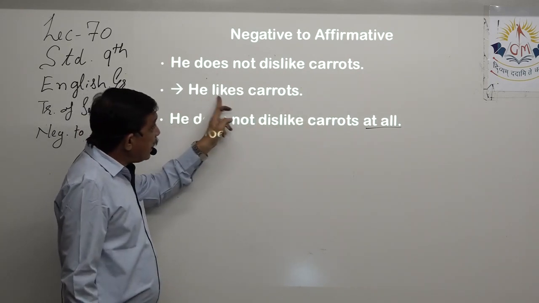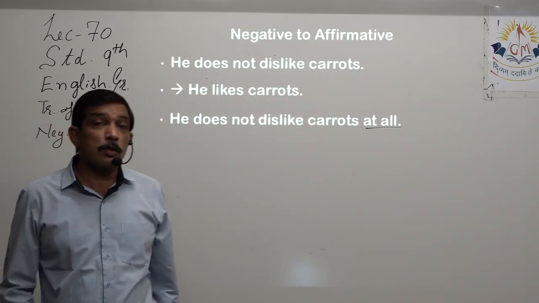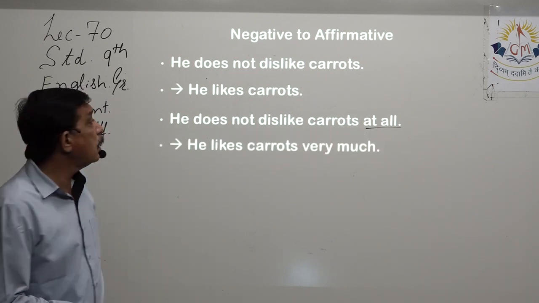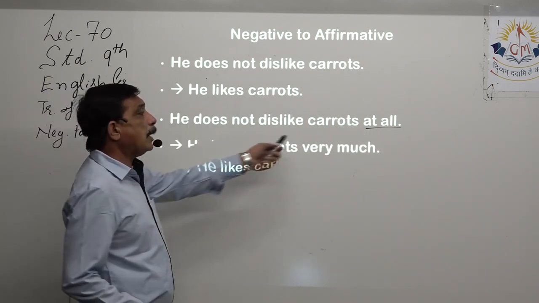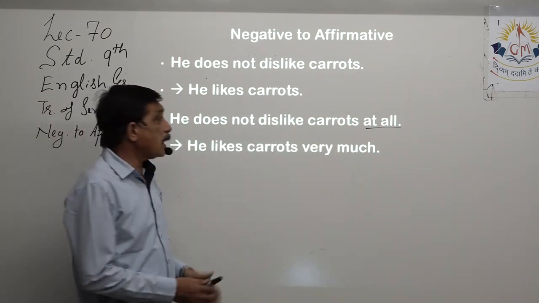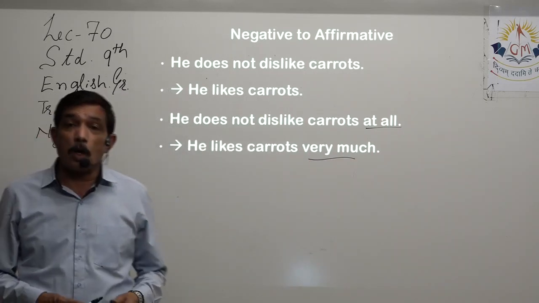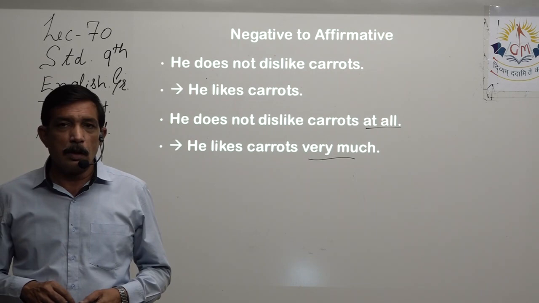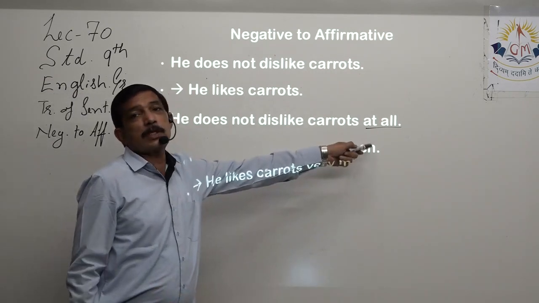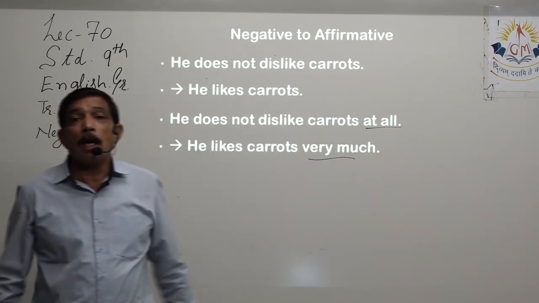If I say he likes carrots at all, that is grammatically wrong. So we have to make it grammatically correct. He does not dislike carrots at all. It means he likes carrots very much. At all changes into very much or a lot. He likes, so there can be variations in that answer, but at all has to change, because you cannot keep it as it is in the answer.